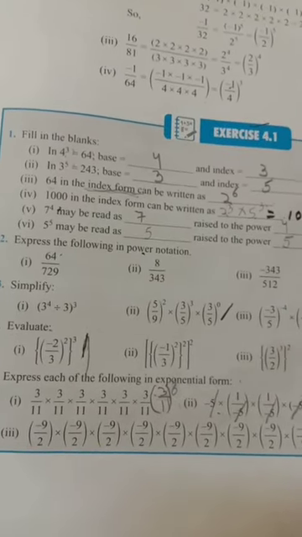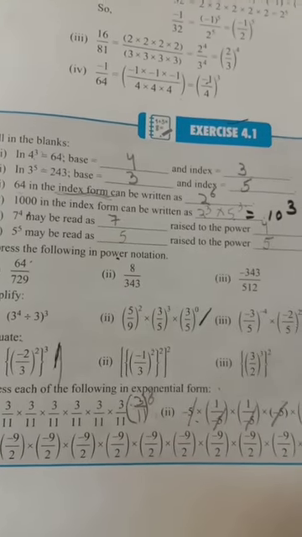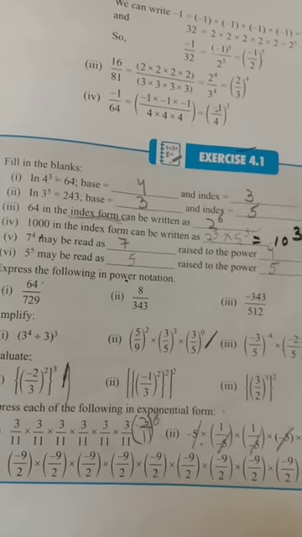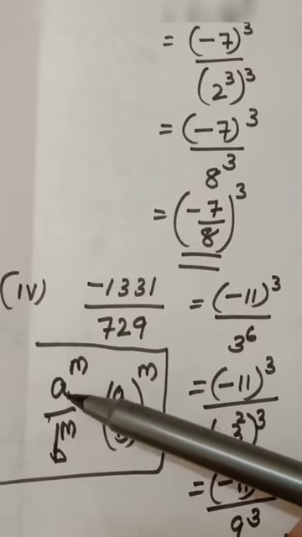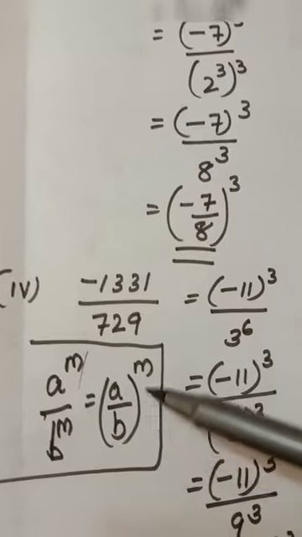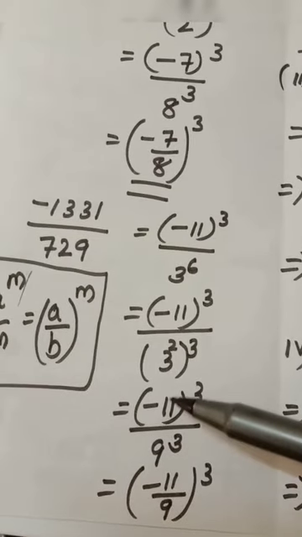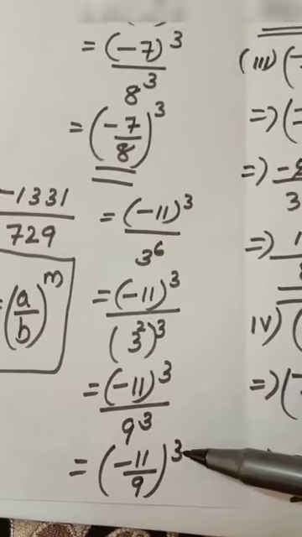The rest of the problems you have to do in the copy. You have to study by heart and understand the rules of exponents, which I explained in the introduction part. See here, a raised to m divided by b raised to m, equal power: you have to combine the base. This rule I applied here. Base different but power equal, so you are combining the base.